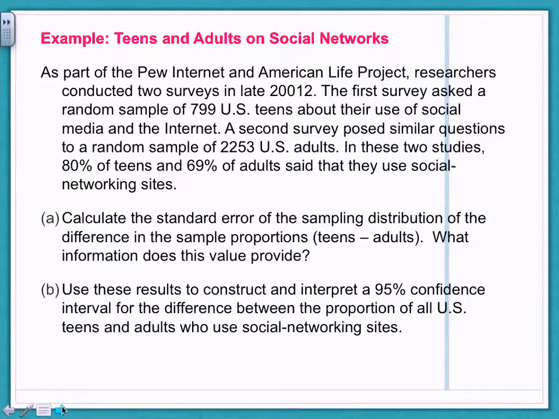A second survey posed similar questions to a random sample of 2,253 U.S. adults. In these 2 studies, 80% of teens and 69% of adults said that they use social networking sites. So we're going to calculate the standard error of the sampling distribution, and then we're going to use the results to construct a 95% confidence interval.